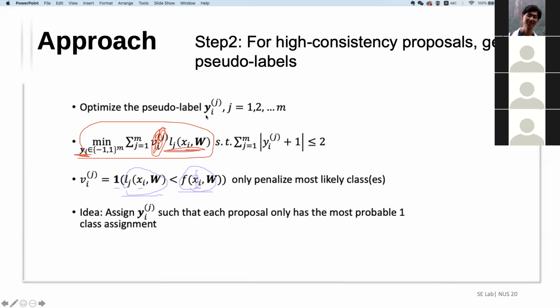Which yi and y. Cross entropy loss here. Okay, so when we add a vi, it actually means the proposal looks at some of the classes.